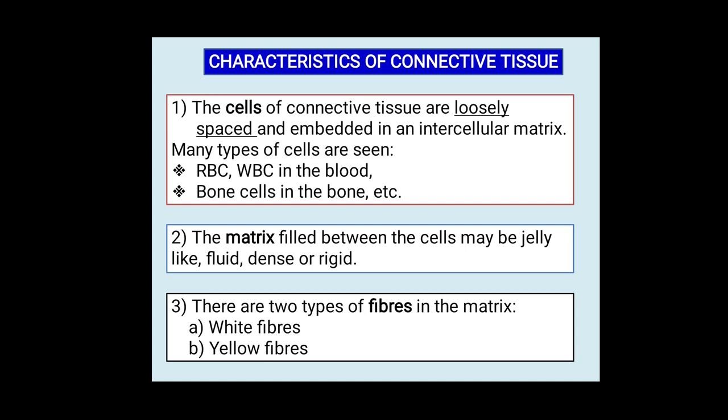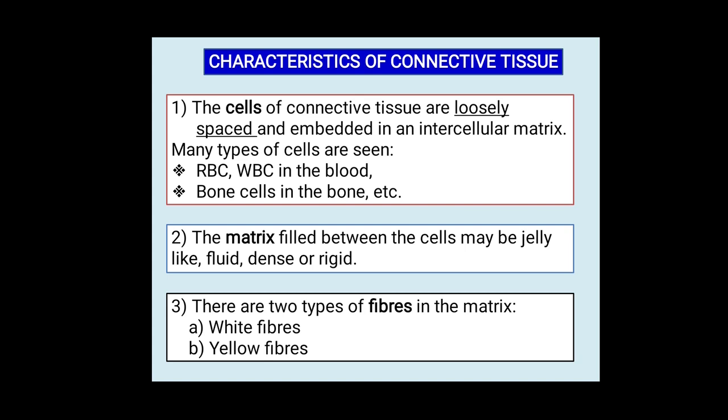Sometimes fibers are absent also, like in blood you don't have any fibers, but most of the other connective tissue, they have fibers. Now what are the types of fibers? Usually there are 2 types, the white fibers and the yellow fibers. We'll see more detail when we see the tissue. How do these white fibers and yellow fibers look like?